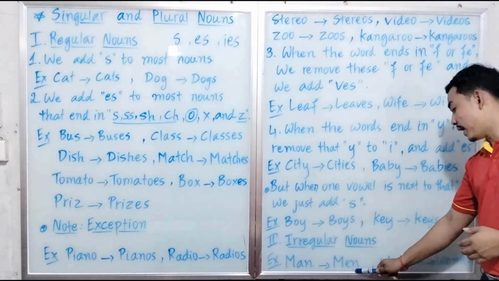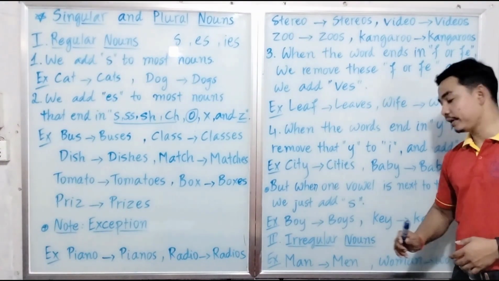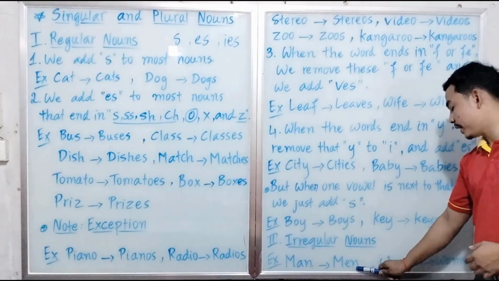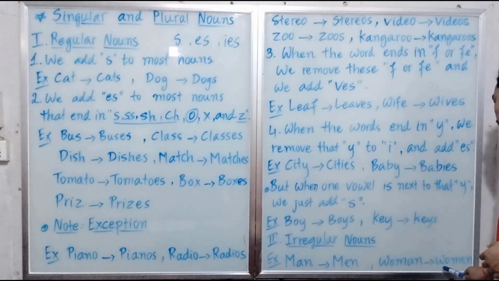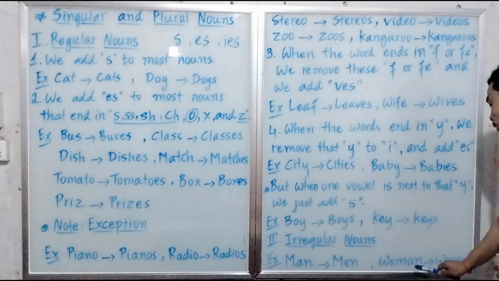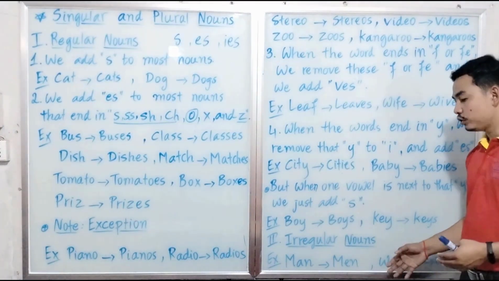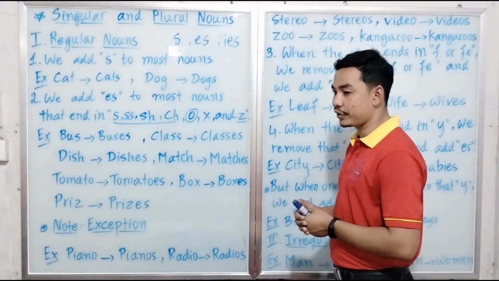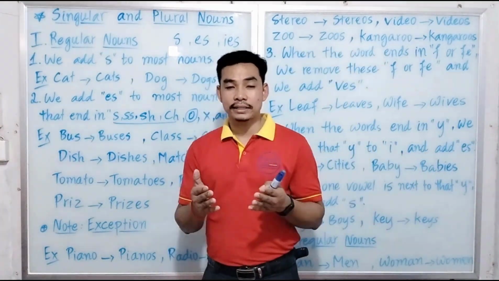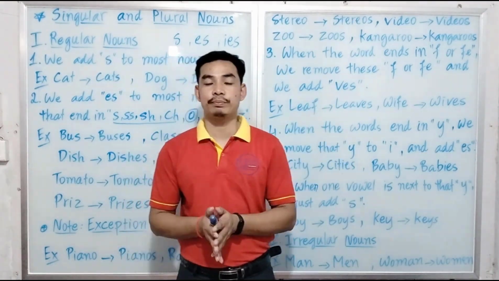Man, men, woman, women. Let me repeat again. Man, men, woman, women. So be careful with the pronunciation of this one. Woman, women. Alright. So there are many more words of irregular nouns, but I have only two for you, like what I said, because the whiteboard is very small.